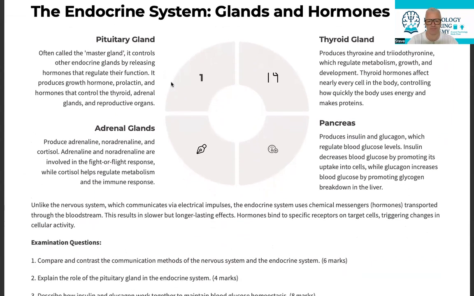So if you think about the HPA axis, the hypothalamic pituitary adrenal axis, which is used for chronic stress, the hypothalamus would release corticotropin-releasing factor.